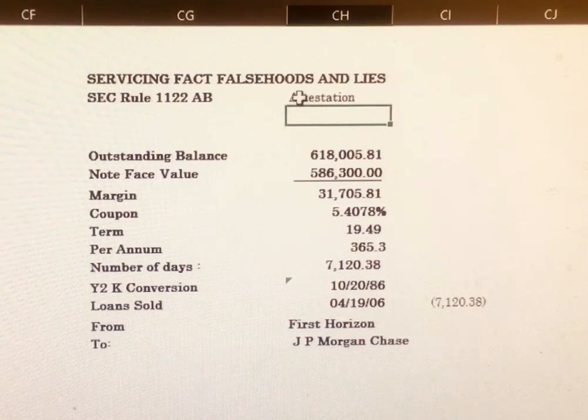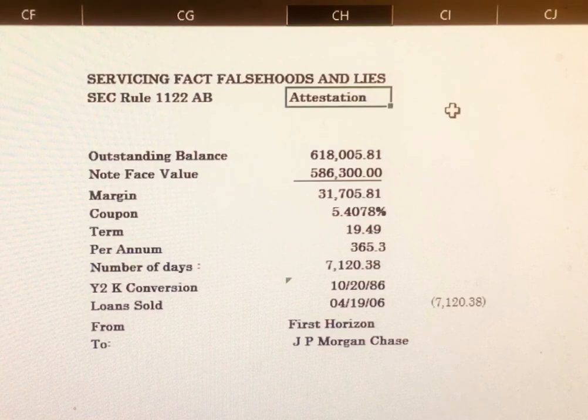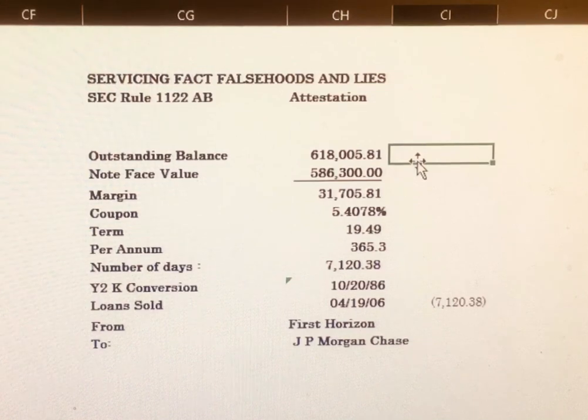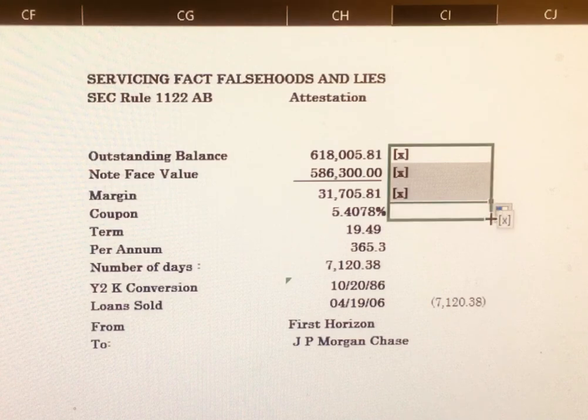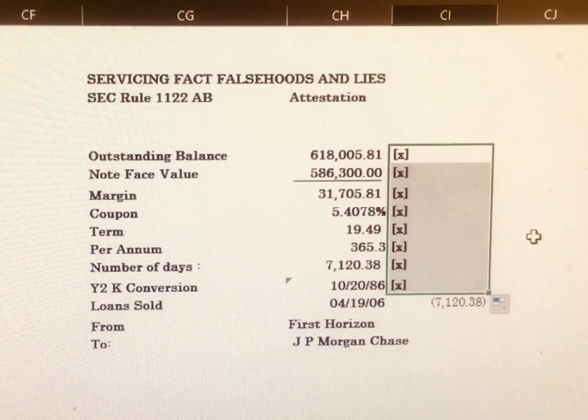That attestation is a sworn statement to the Securities and Exchange Commission that there is no mortgage, that they're faking the mortgage, that the note was canceled, cancellation of debt was by involuntary conversion, the number of payments required to amortize the note to zero are called installments, they backed into a coupon, etc. You can't serve two masters.